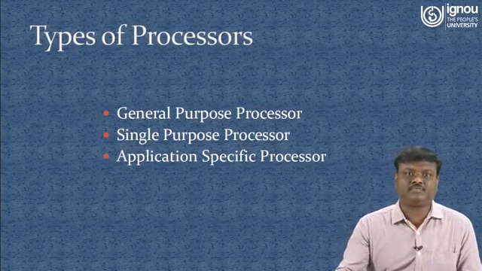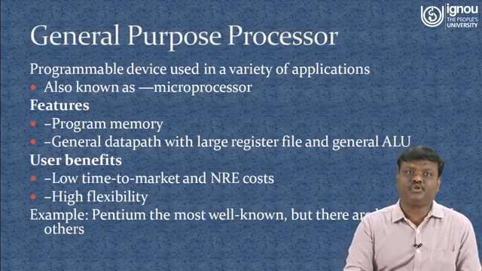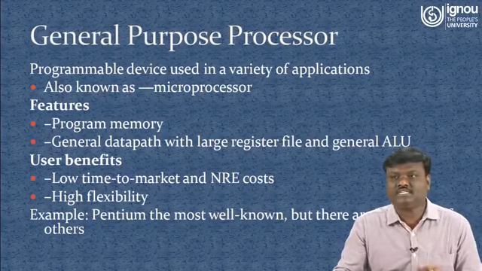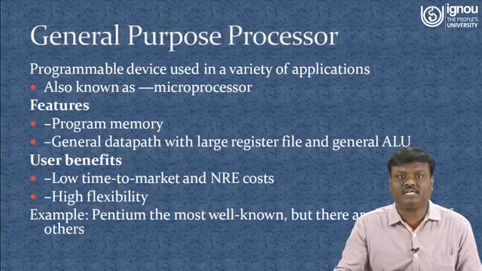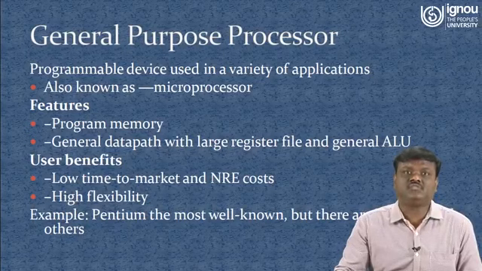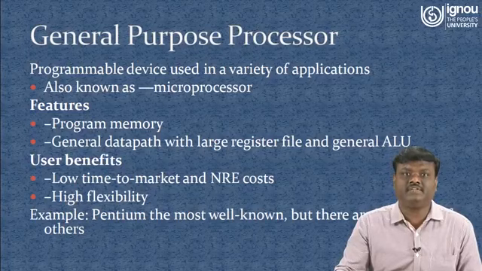A general purpose processor is a programmable device used in a variety of applications. We were using these general purpose processors in systems also. This is also called a microprocessor, found in computers, laptops, tabs. Every computing device will be having this microprocessor.